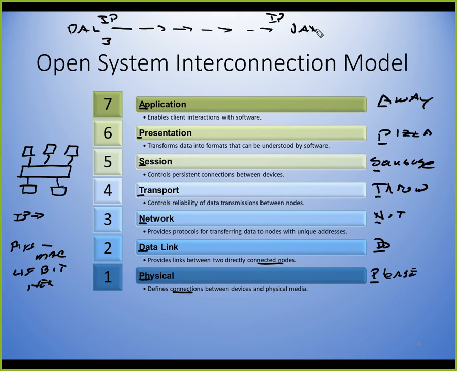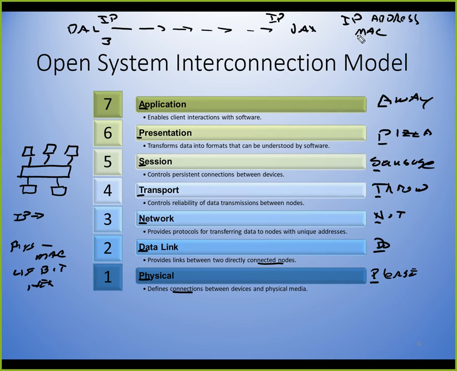Once it gets to Jacksonville, the individual machine in here is going to have an IP address. And it's also going to have a MAC address. The IP address may or may not be the same IP address that it had yesterday, but this is the one that it has today, and that's where it went to. The router, a layer 3 device, is the thing that allows us to get traffic from one location to the other.